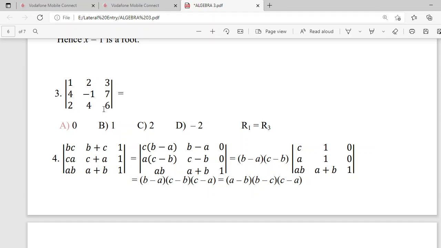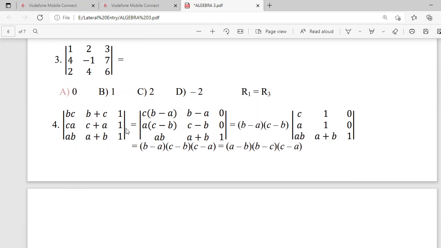So 1 2 3, 2 4 6. So R1 is equal to R3 multiple. From this property directly you can write that this value is 0. Two similar rows or two similar columns or a multiple of one row, so this becomes 0. This will come from the property.